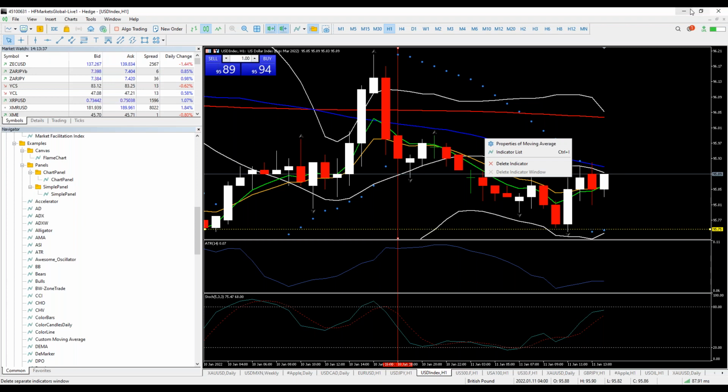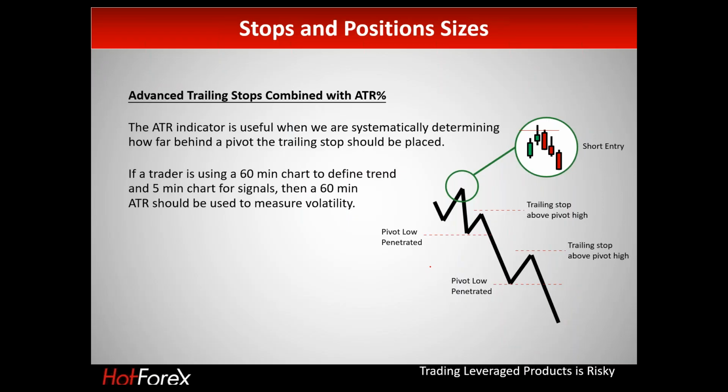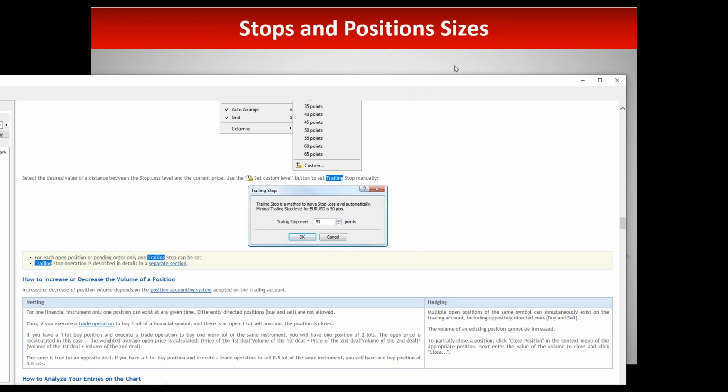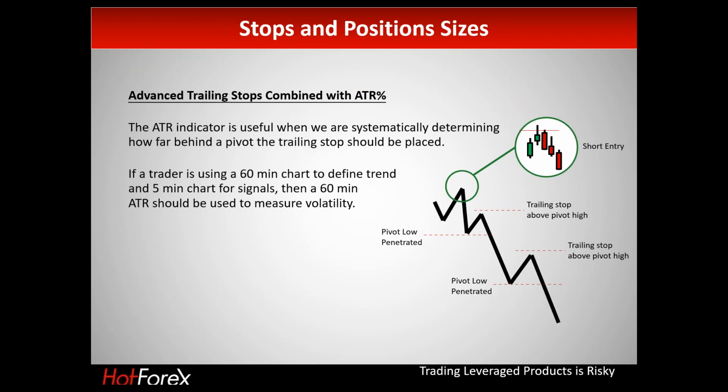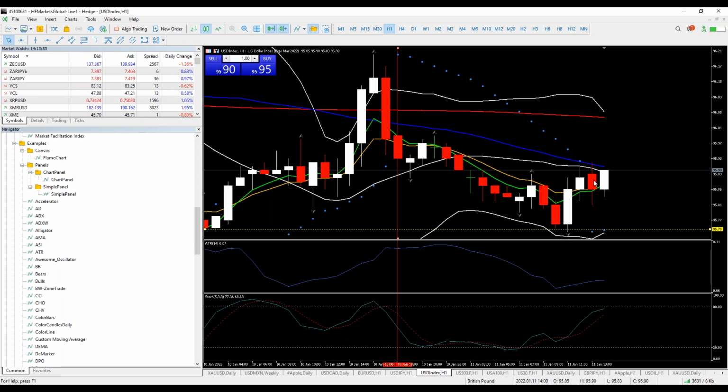The trailing stop over here says 7 points, because as I just showed, if we're about to take a long position on the dollar index, the ATR says 7. So you will decide, based on your risk and reward ratio, to use either the full ATR or half of it.